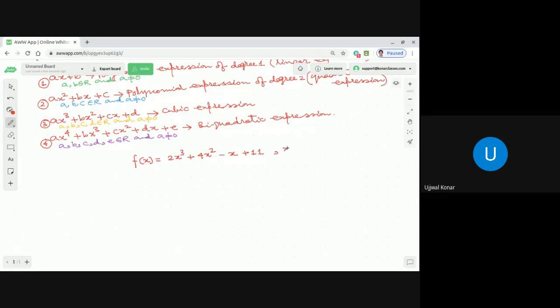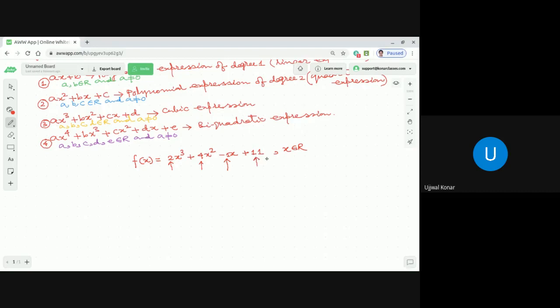Obviously x belongs to real numbers. Now what is 2 here? 2 is the coefficient of x cube. What is 4? 4 is the coefficient of x square. What is -1? Here nothing is there means -1. So -1 is the coefficient of x. And what is 11? It is a constant term.